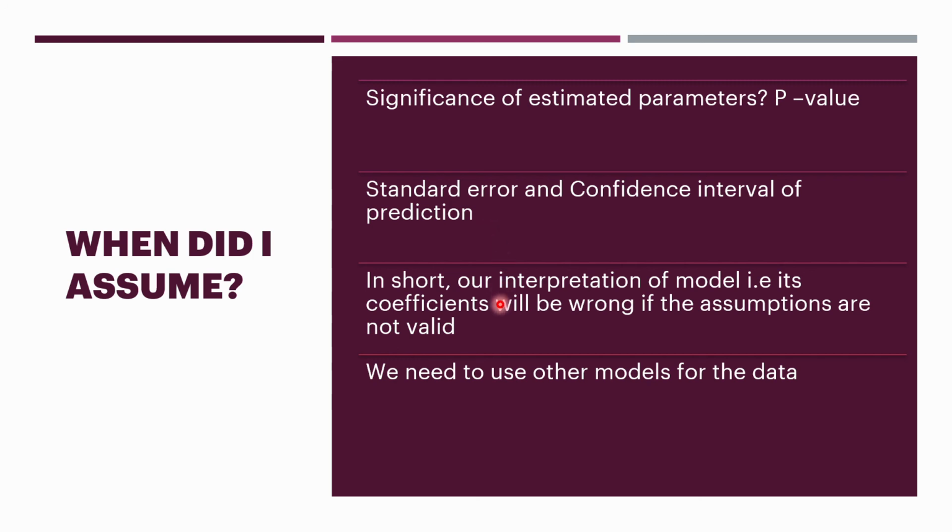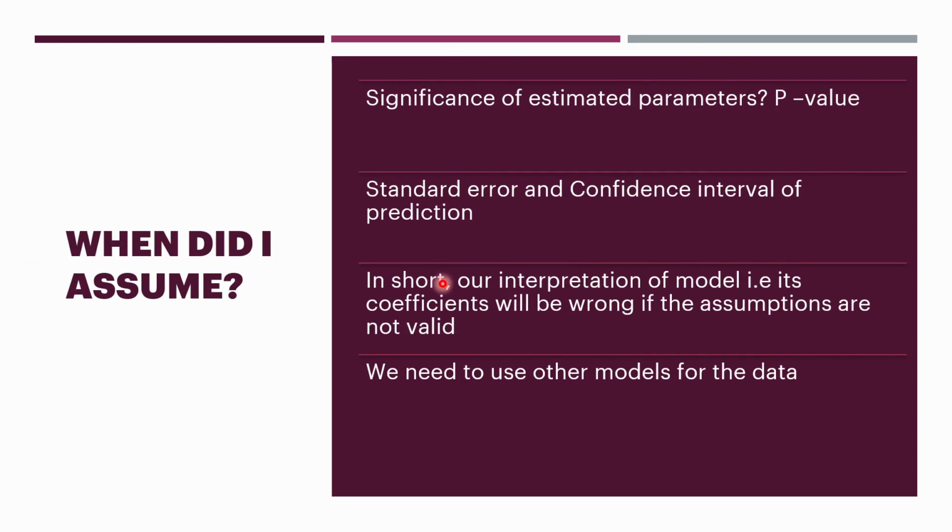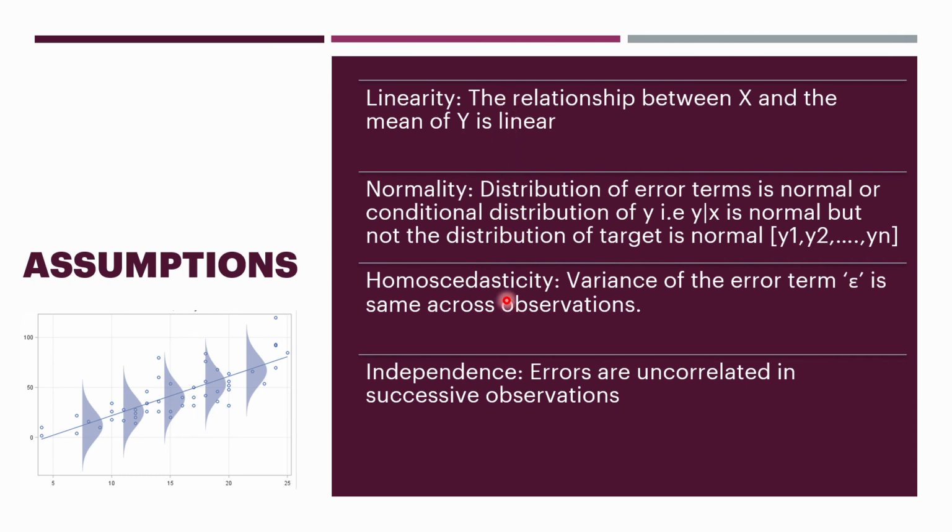So if any of those assumptions fail, whatever interpretation we give to our model, and of course we have to give some interpretation to the model, that is why we are building it, whether about its coefficients, or about the target value that we predict, or about the statistical significance of these parameters or coefficients, all of them are going to be wrong if these assumptions are not correct.